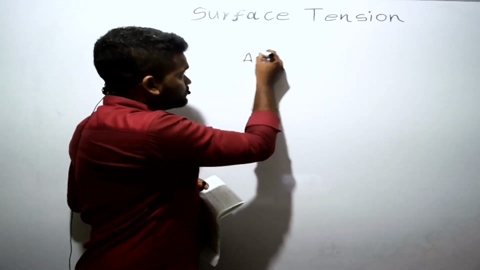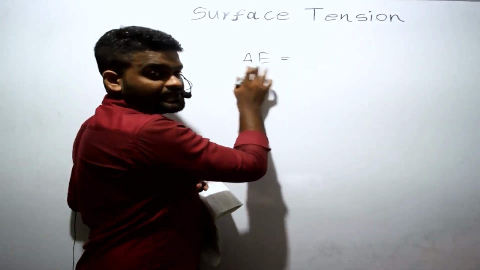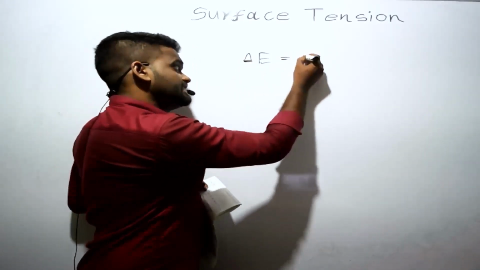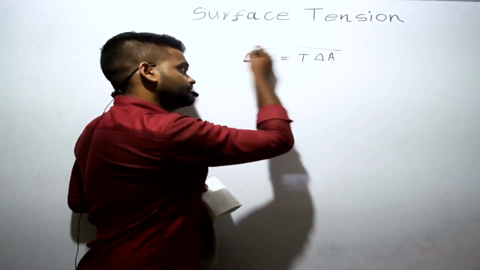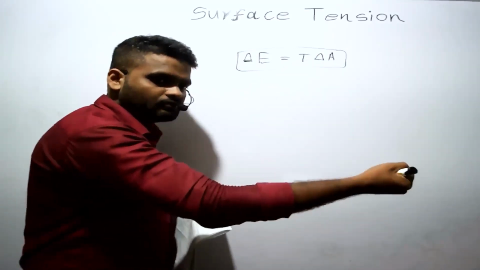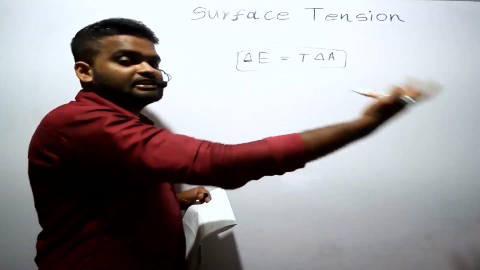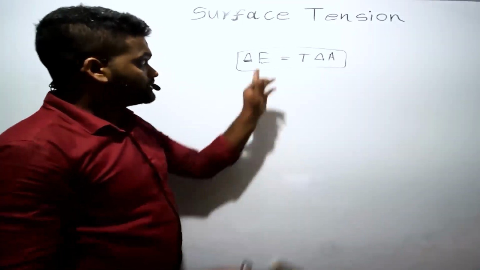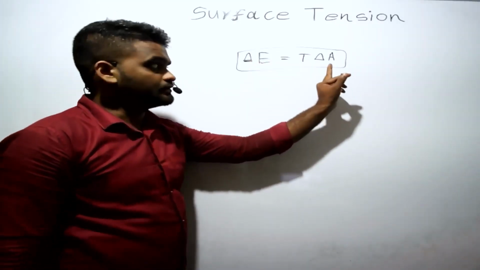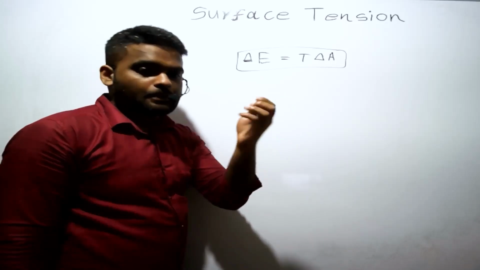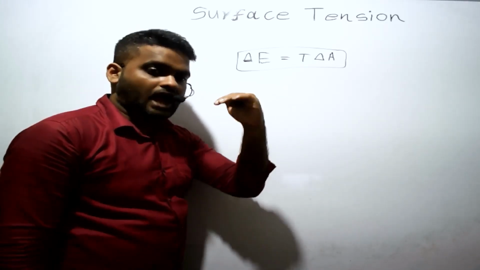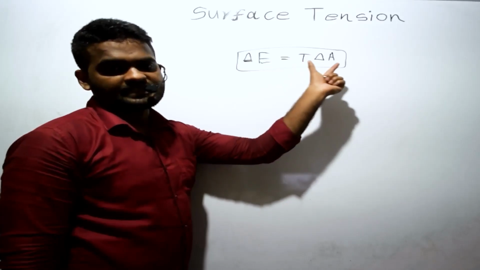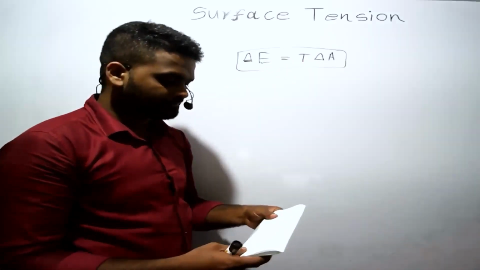So if we did that isothermally, we can write delta E is equal to T delta A. I mean, the work done is completely converted into the surface energy. But under what condition? Isothermally, right? Okay, write this down. Delta E is equal to T delta A.